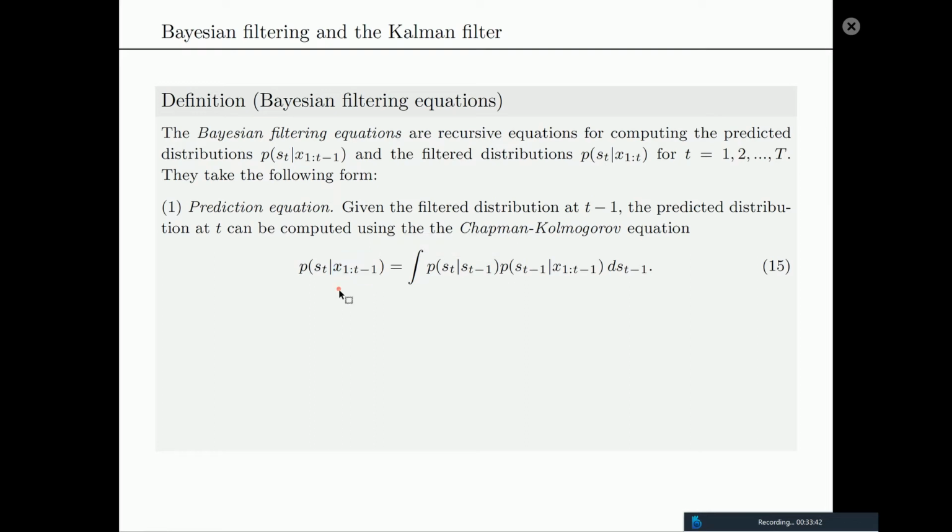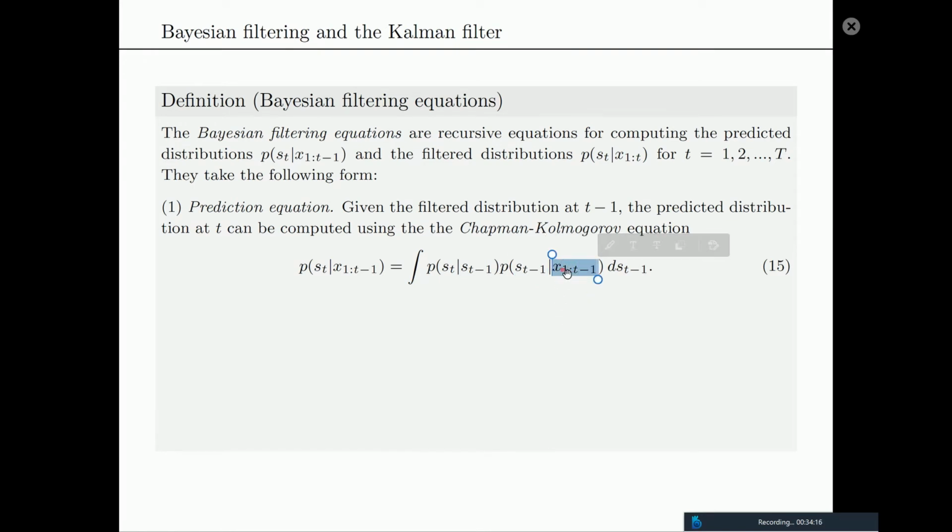This we get based on what is known as the Chapman-Kolmogorov equation, which essentially states that the distribution of s_t given x_1 to t-1 is given as the integral over s_{t-1} of the state transition probability, s_t given s_{t-1}, and the earlier distribution, s_{t-1} given x_1 to t-1.